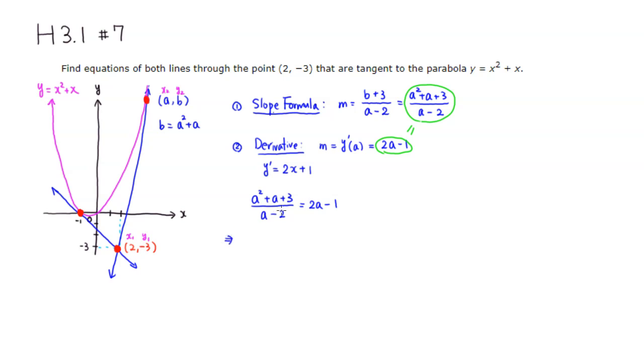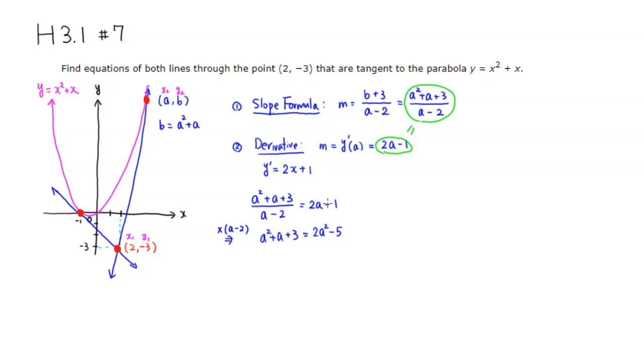Since I don't like fractions, I'm going to multiply both sides by the quantity (a - 2). Then the (a - 2) cancels out on the left, so you have a^2 + a + 3 equal to, if you multiply this out, 2a^2.